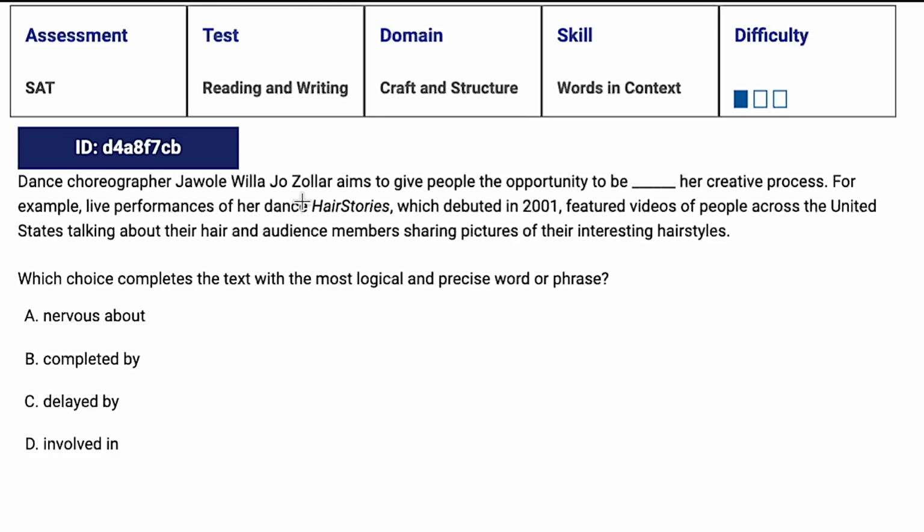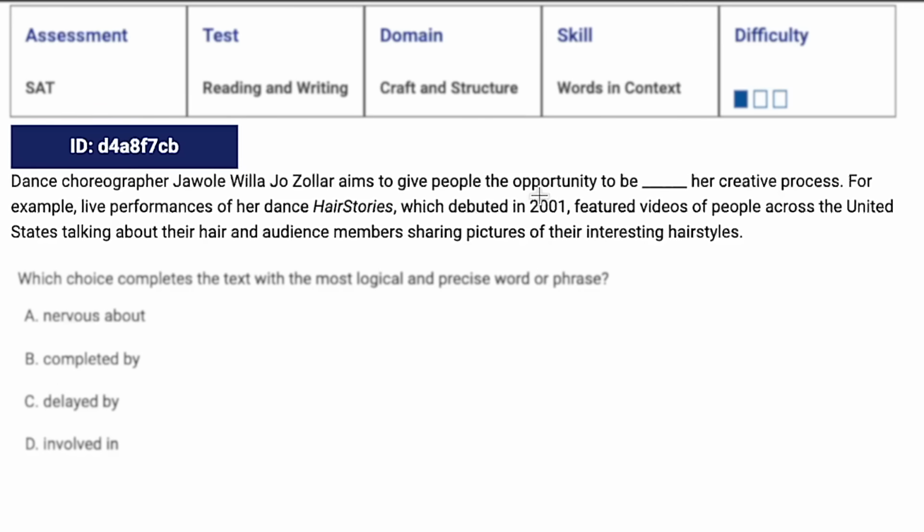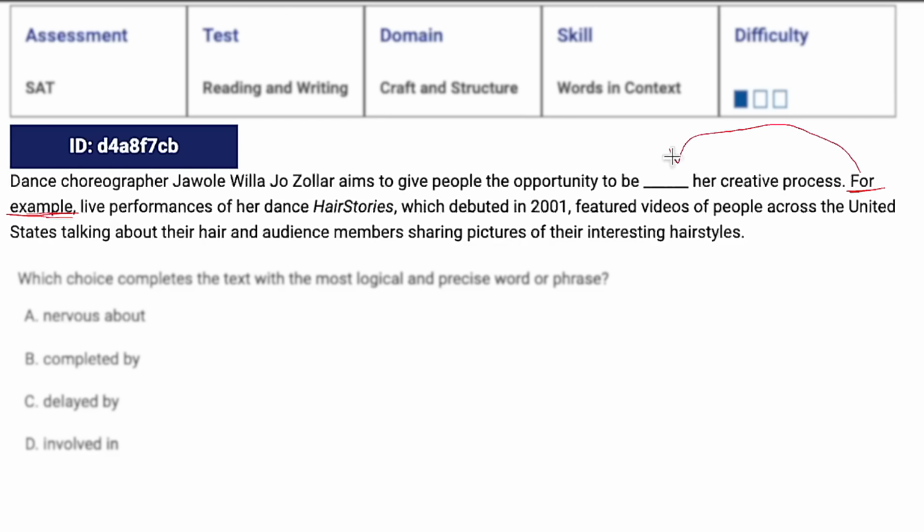So here we get: this choreographer wants to give people the opportunity to blank her creative process. For example, I'm so excited because "for example" is telling me an example of whatever this is supposed to be. So I can kind of work backwards, right? Live performances of this thing featured videos of people across the states talking about their hair and audience members sharing pictures of their hairstyles.